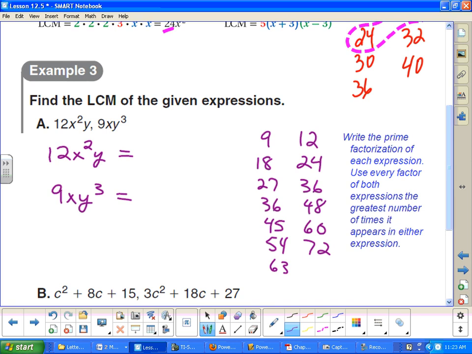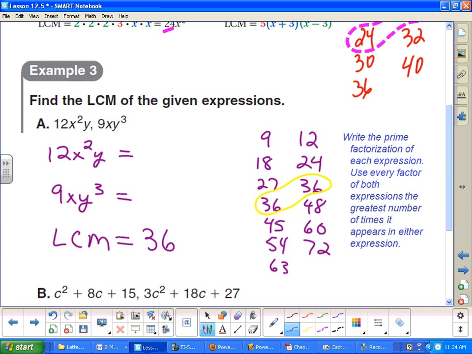So what's the smallest one there that they both go into? 36, okay? So my least common multiple here would be 36.